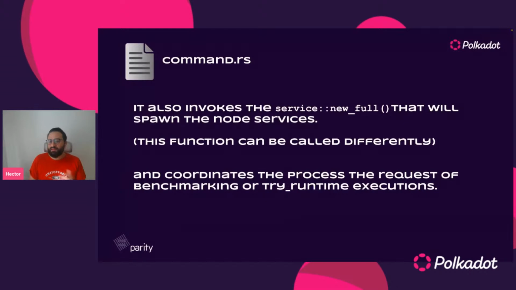Depending on where you're running this from, this function must be called differently, because there are two different setups for these service and command files: the Substrate node template, which we consider a solo chain, and the node folder which corresponds to the relay chain of Polkadot or Kusama, or the collators, let's speak properly, the Cumulus node, which is the binary used to run your collators on the Parachain side.